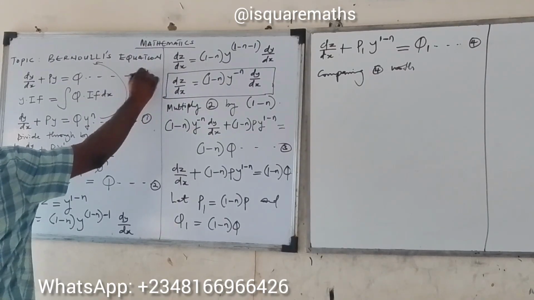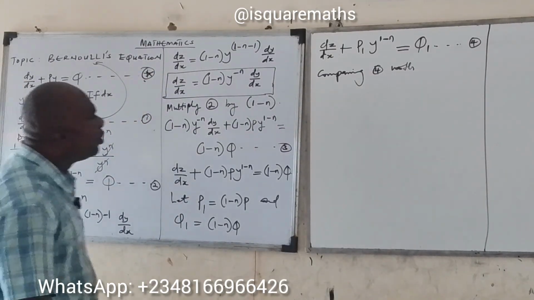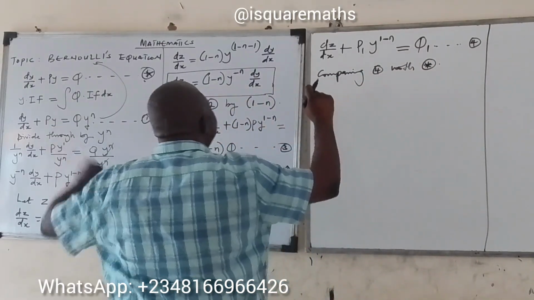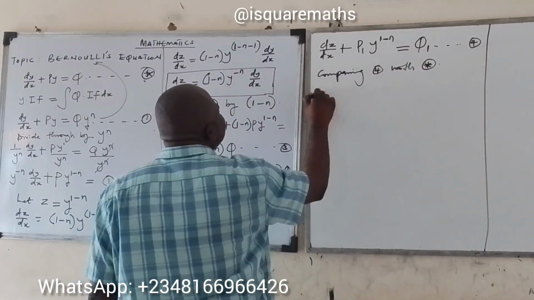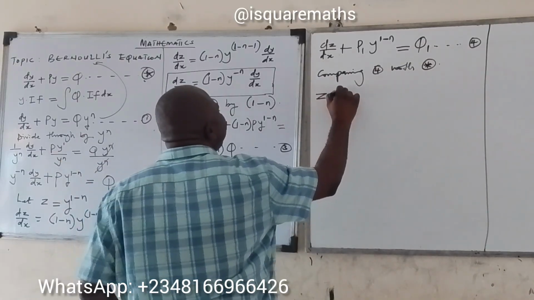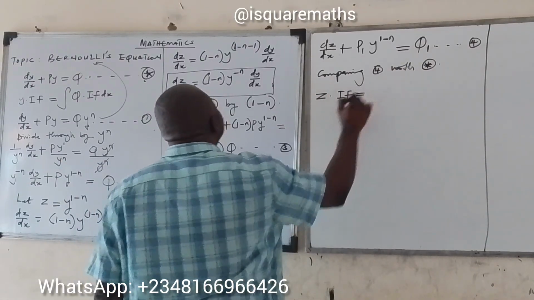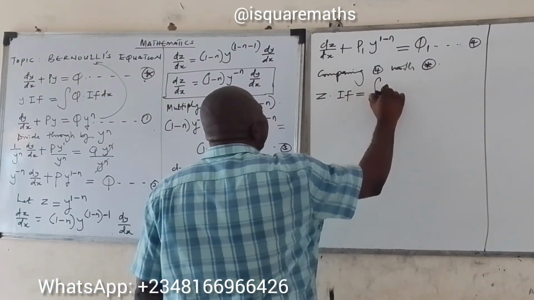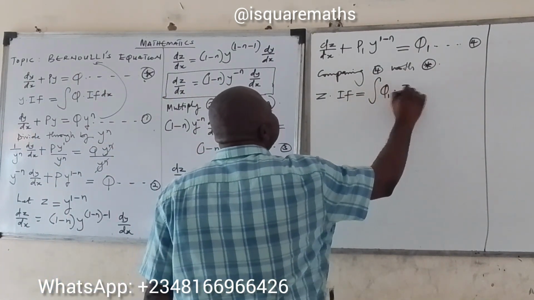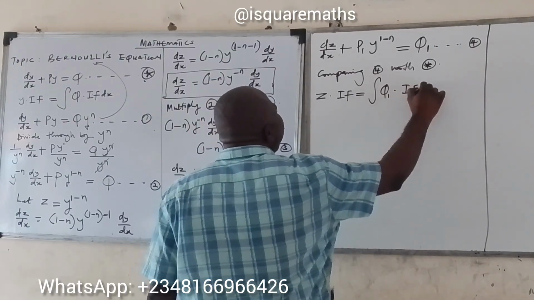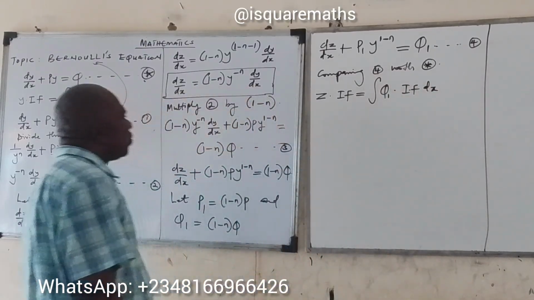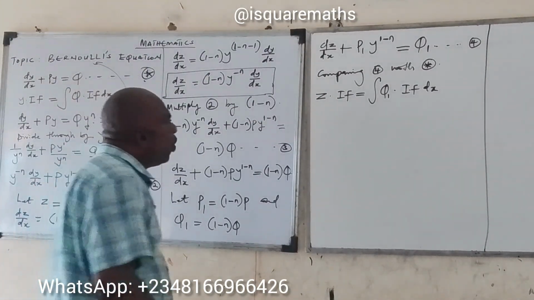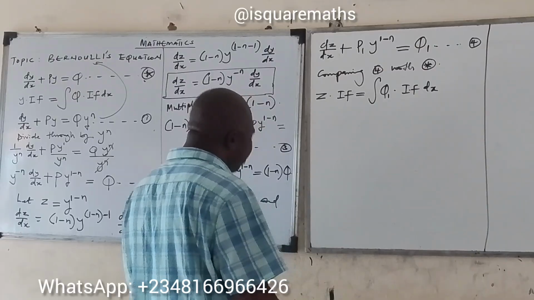In comparing the both of them, it means that z times the integrating factor is equal to the integral of q1 times the integrating factor dx.